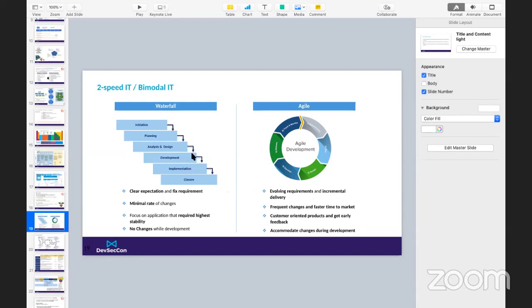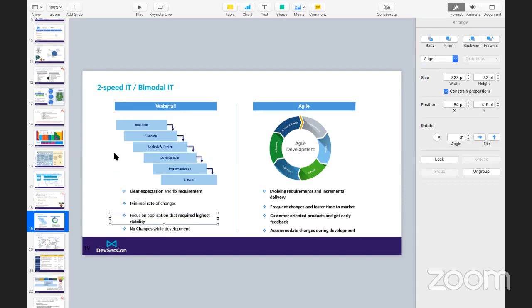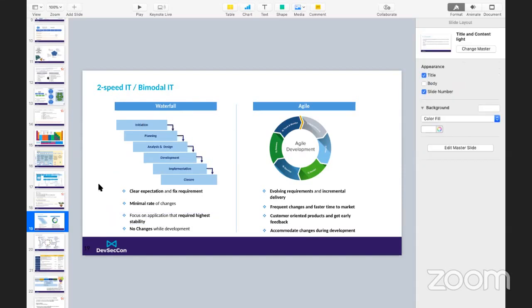For the traditional way, if you already know the requirements are fixed and they have a clear expectation, they also only have a minimal rate of change. So the application is focused on applications that require high stability. So you can use this. And also if you have no change while in development, you can go through this process.